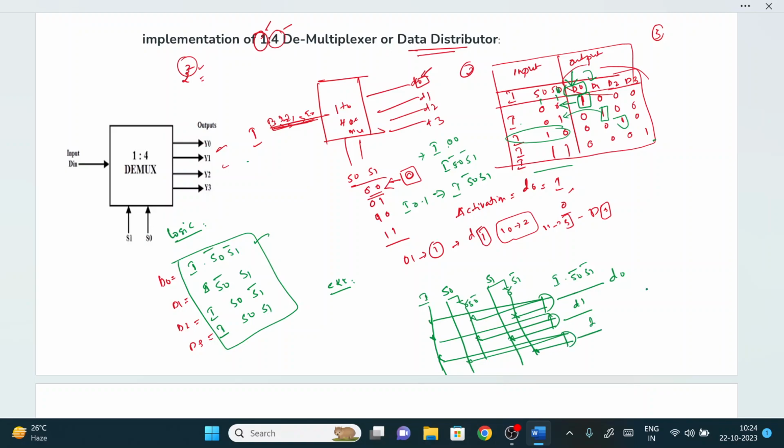Finally, I into S0 into S1 is for D3. So this is I S0 S1 bar, I S0 S1. This is how we design the 1:4 demultiplexing operation.